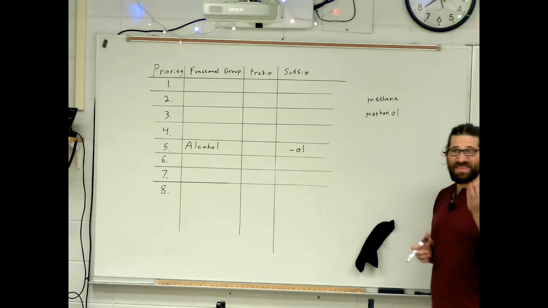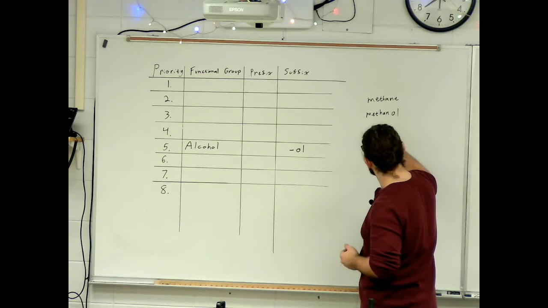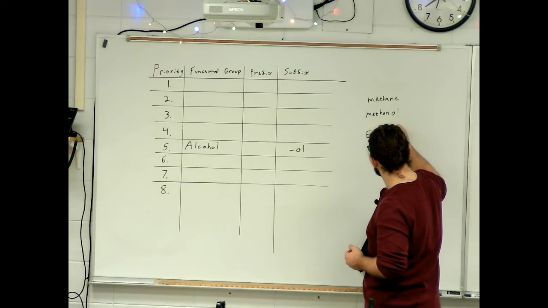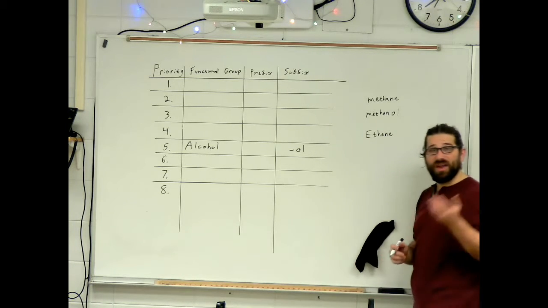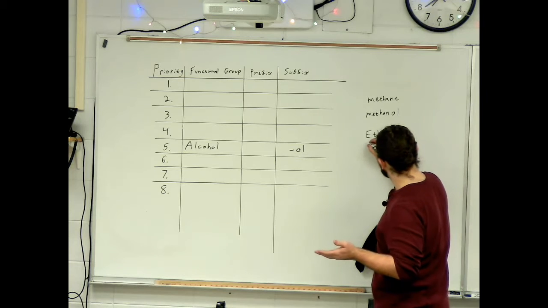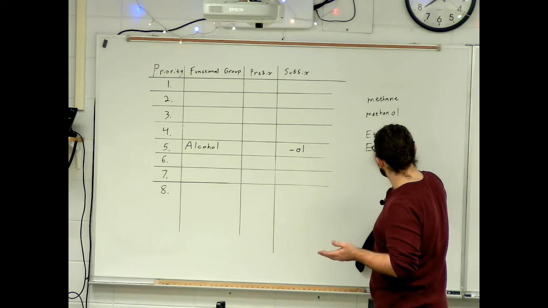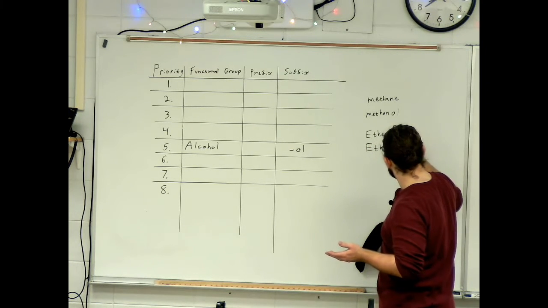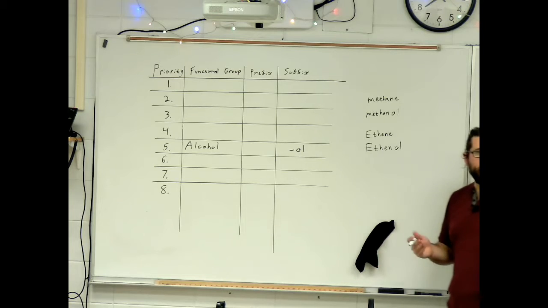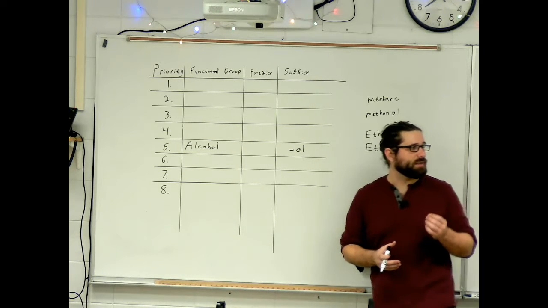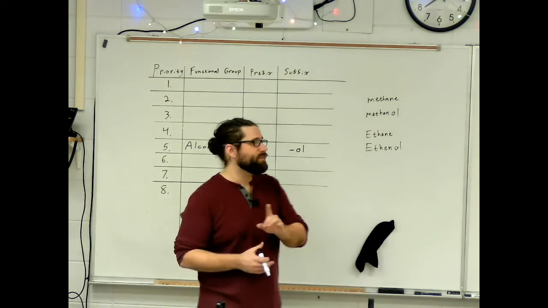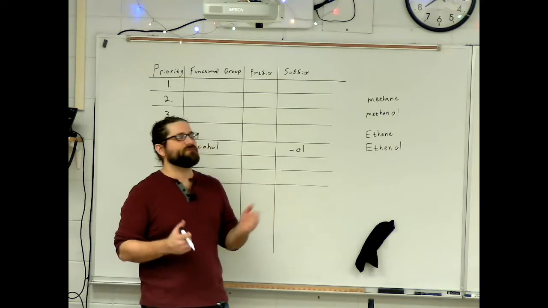If ethane had an alcohol group, it would become ethanol.